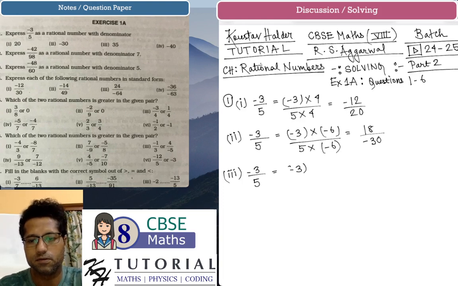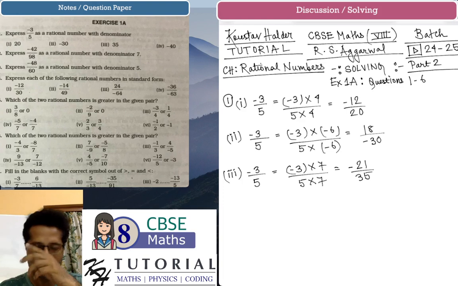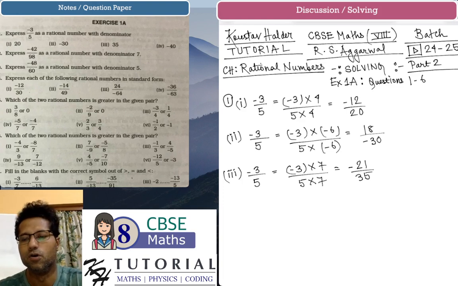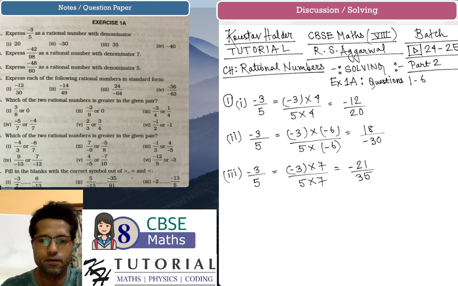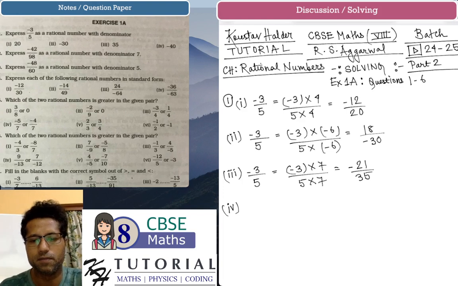So this becomes minus 3 into 7 and 5 into 7. This is minus 21 by 35. So minus 21 by 35 is the rational number, the denominator 35, which is equal to or same as minus 3 by 5. Okay. Part 4, we have to make the denominator minus 40.